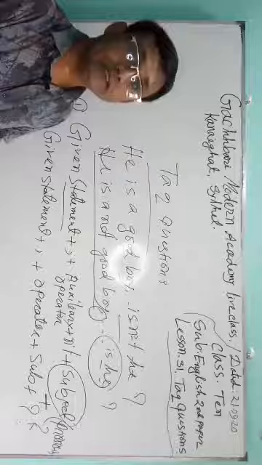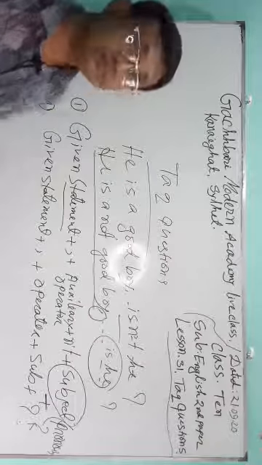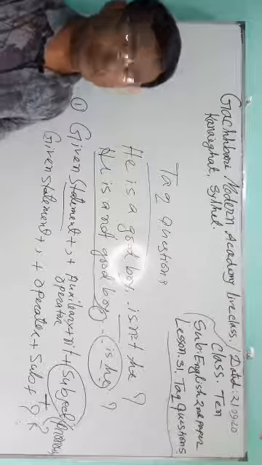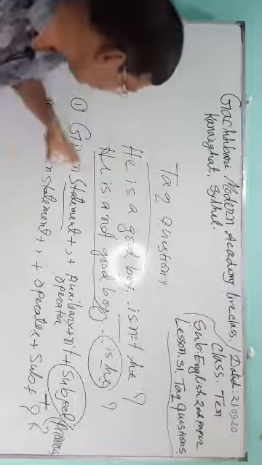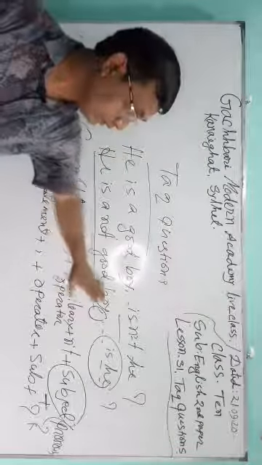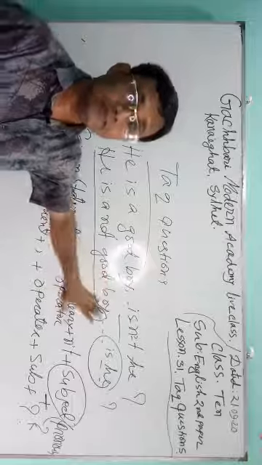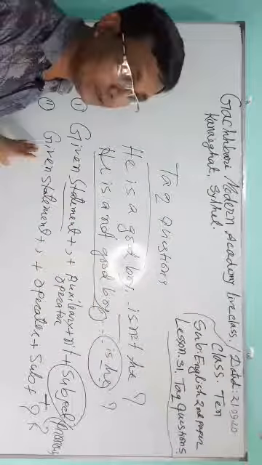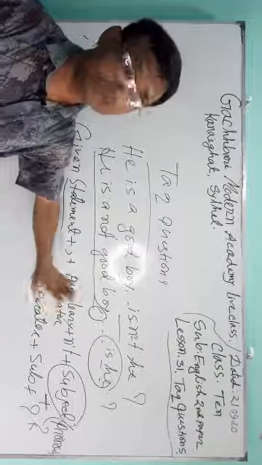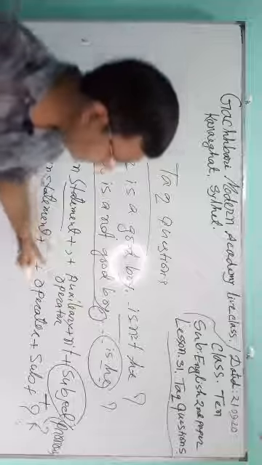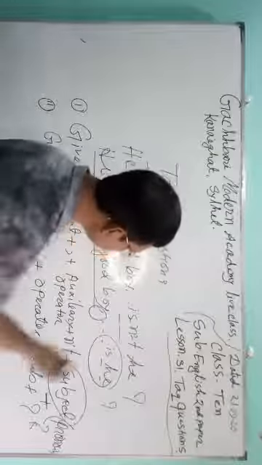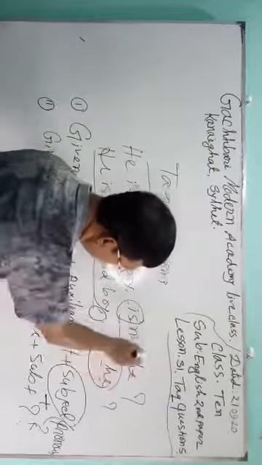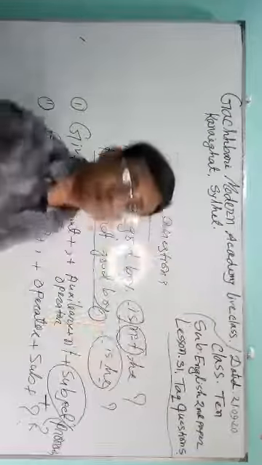Now I repeat again, you make tag in two ways, in positive and negative. Positive sentence, negative tag, and negative sentence, affirmative tag. Now dear students, I use operator and short form of not.